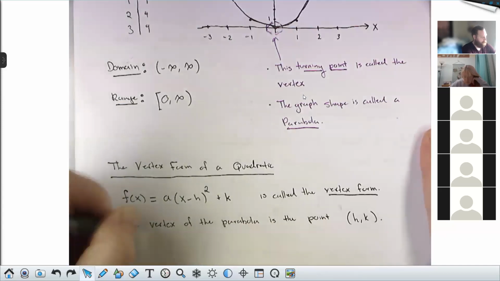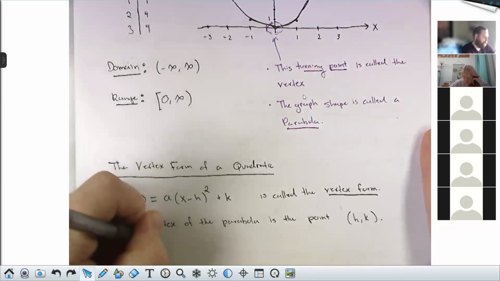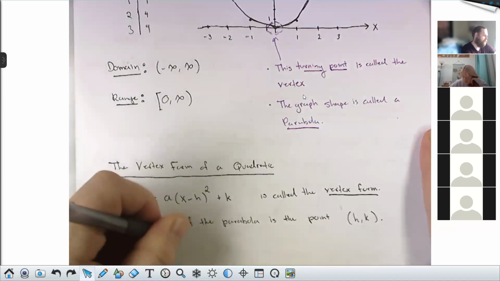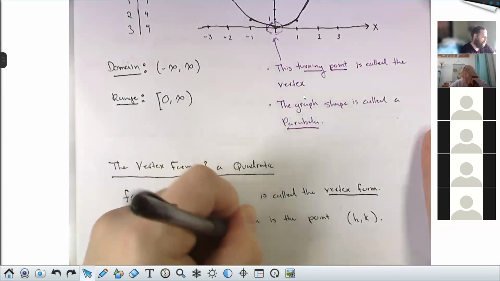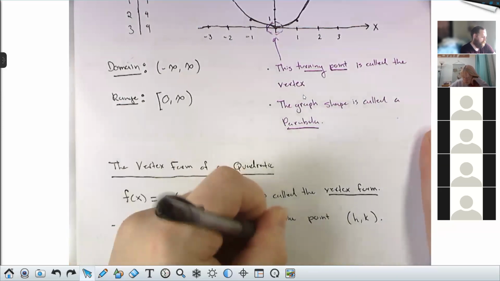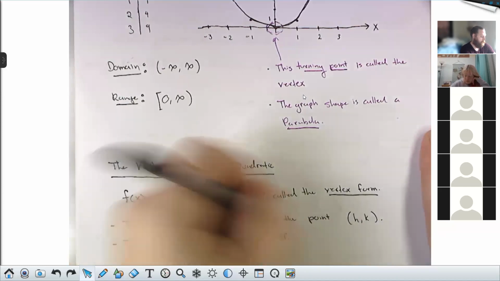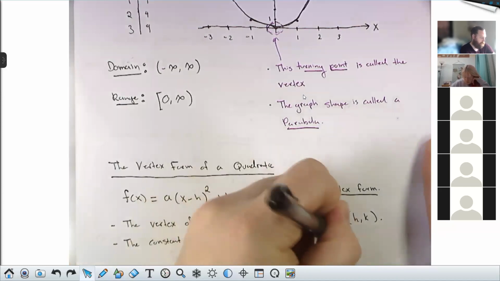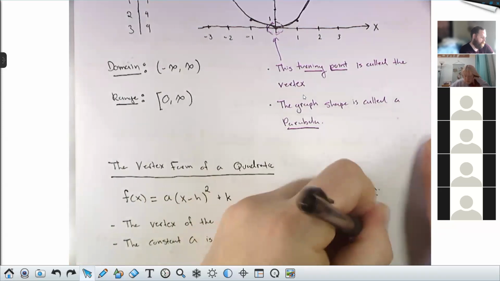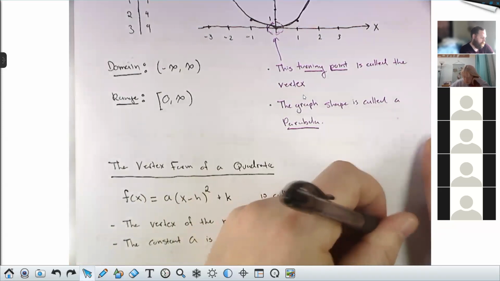And the number a is the lead coefficient, which is the same number as in the standard form.